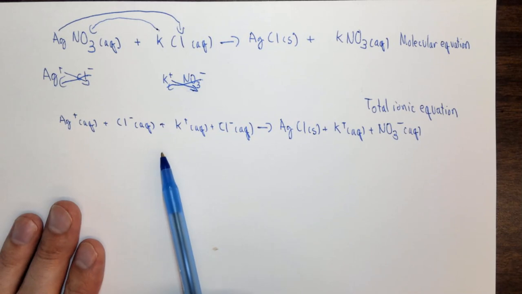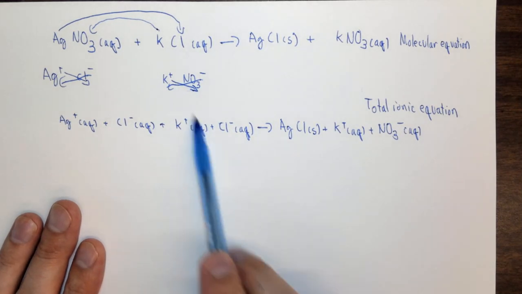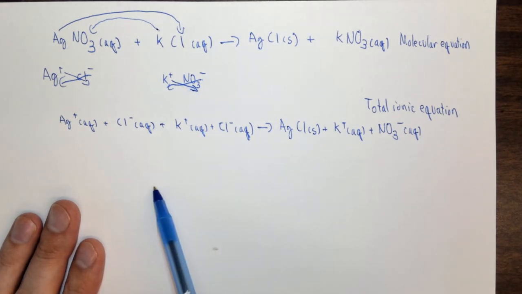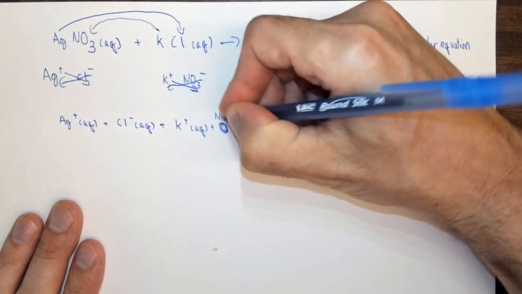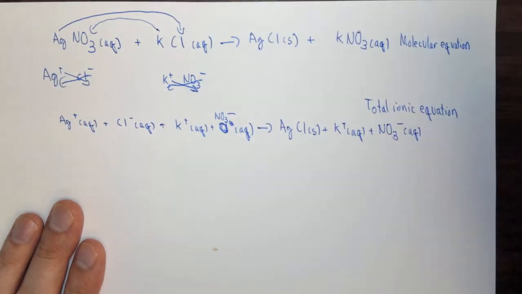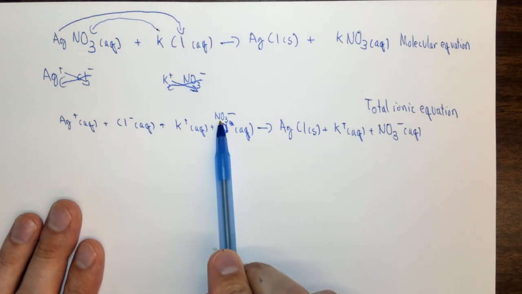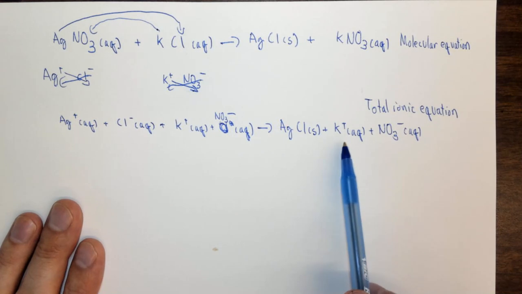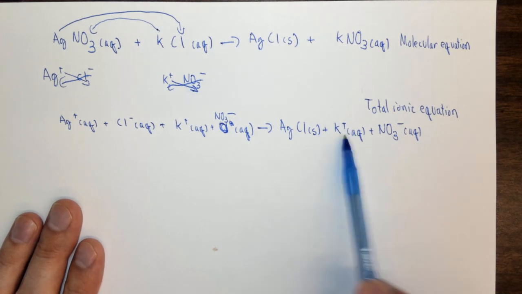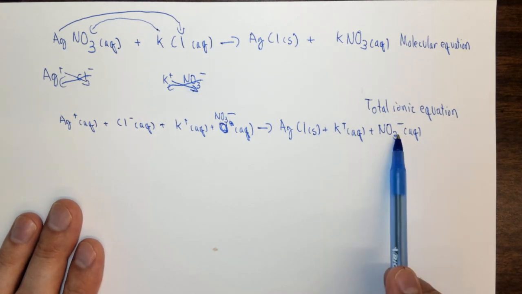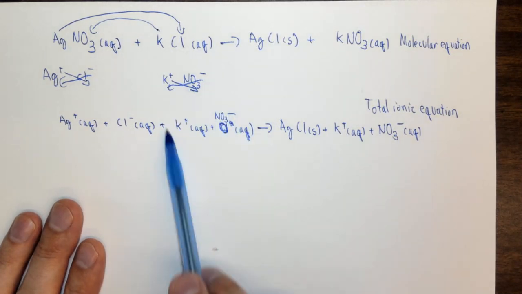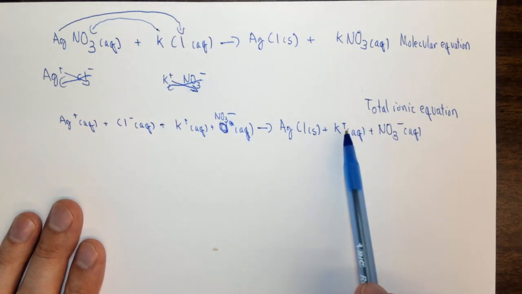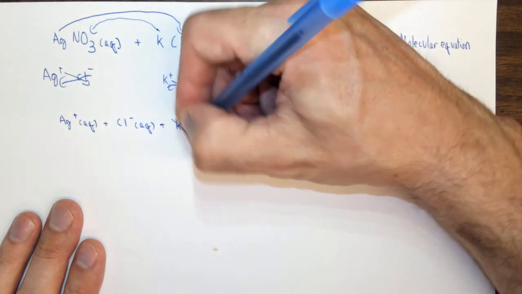And if you'll notice here, when we started the reaction, we had K plus floating around in solution, and we had NO3 minus floating around in solution. If we finish the reaction, we still have K plus floating around in solution, and we still have NO3 minus floating around in solution. Said another way, nothing happened to K plus and NO3 minus. They're just floating around in solution.